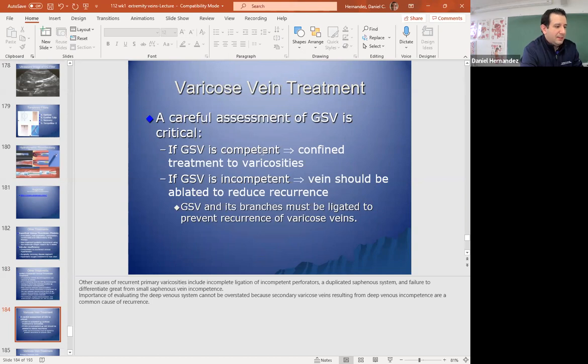If the GSV is competent and there's no reflux within the greater saphenous, we can do confined treatment to just the varicosities. If the greater saphenous is incompetent, the vein should be ablated to reduce the recurrence of those varicose veins. The greater saphenous and its branches must be ligated to prevent the recurrence of these veins as well.